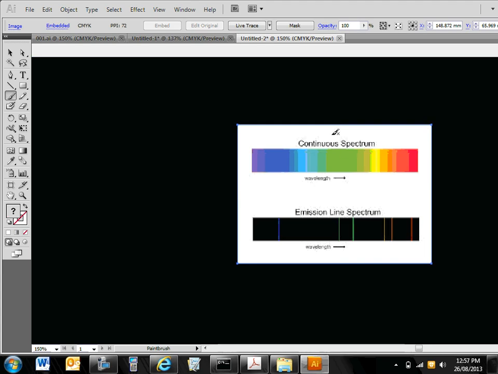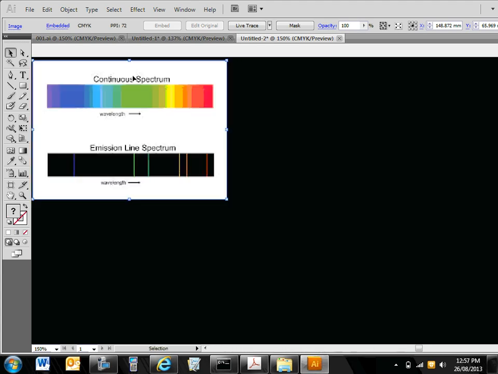How do we get one of those? That there is a line emission spectrum, and we know that that's like the fingerprint for some element or compound, chemical. This is the continuous spectrum, though. Where does that come from? What would that be if I mixed them all together? White light, wouldn't it? Okay, so how do I get white light?